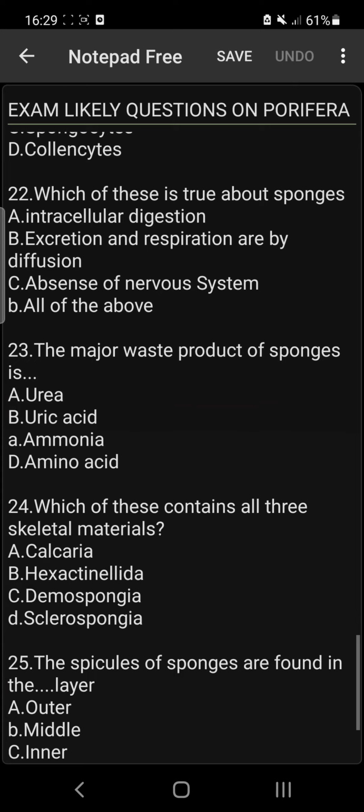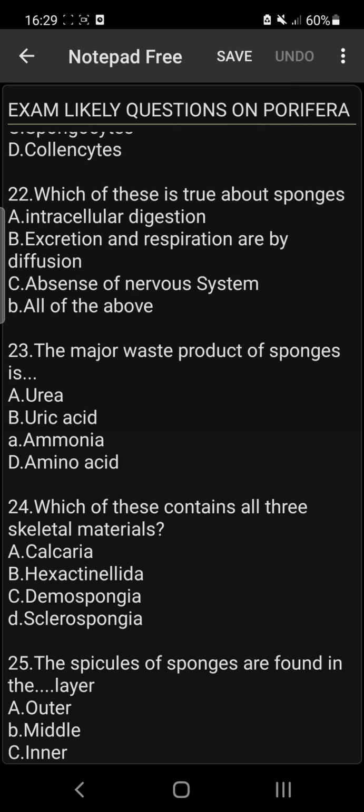Number 22. Which of these is true about sponges? Intracellular digestion is actually correct. Excretion and respiration are by diffusion, which is very, very correct because they do not have excretory and respiratory organs, which means that excretion and respiration is via diffusion.